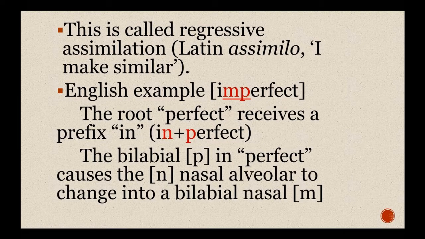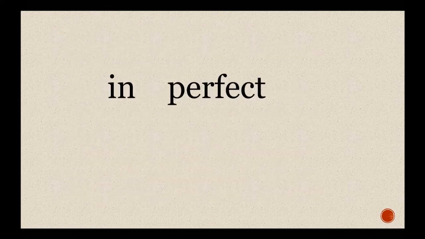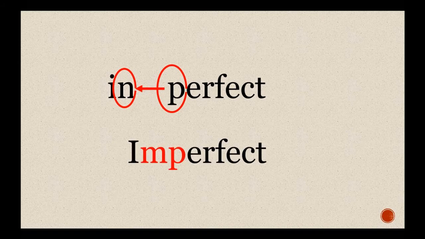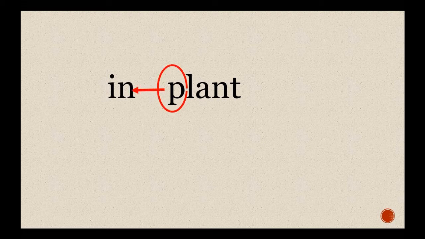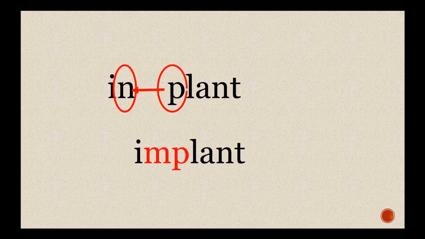So the p is going to cause the n, which is a nasal alveolar, to become a bilabial nasal, right? So this is essentially what happens. Inperfect becomes imperfect, and inplant becomes implant, right? Simple, yes? And it is simple when you think about it, that we're just talking about the sound. It's how we pronounce, how we speak it, and that's what causes the changes.